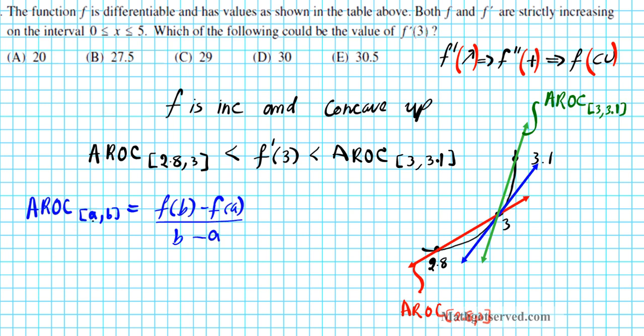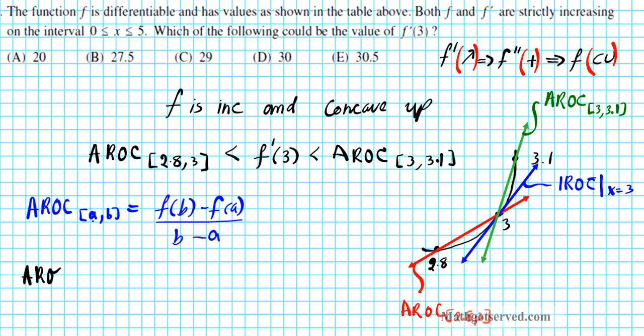And what we're trying to estimate or determine is the blue line, the instantaneous rate of change at x equals 3. That's what we're trying to bound with these two values. So now we have the formula and a visual.